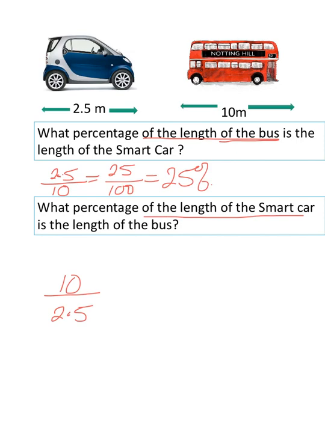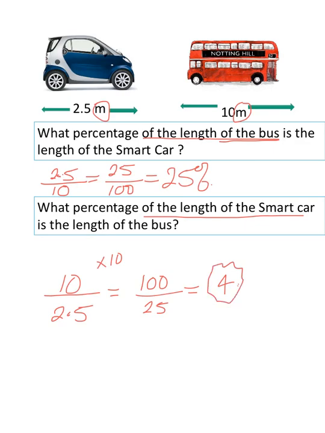Now, important to check units. They're both in meters, so I didn't need to worry about them, and I can leave the units out of the calculation. So again, if I multiply both top and bottom by 10, I'll get 100 over 25, which is 4. So that's our fraction, but if you like, it's a whole number, but it's really a fraction.